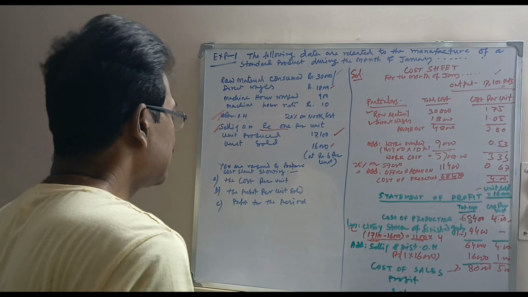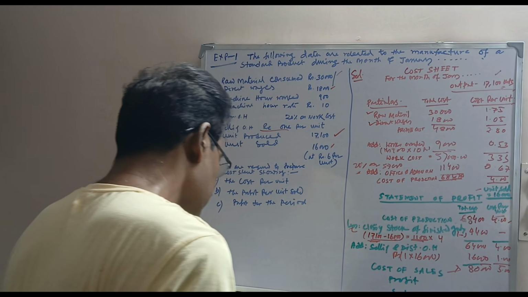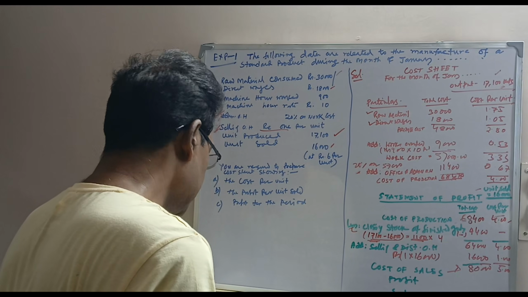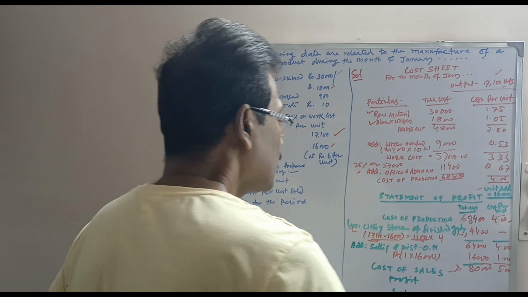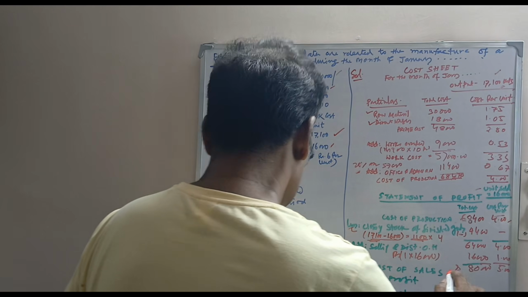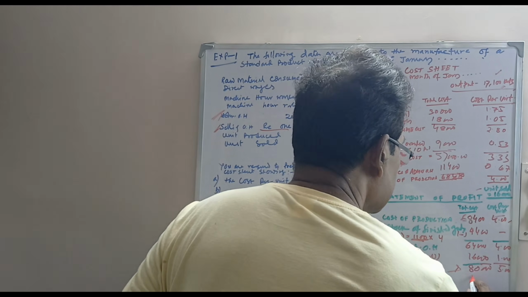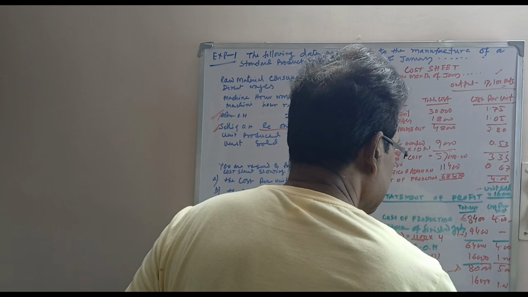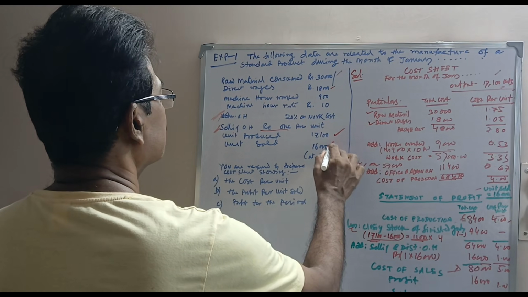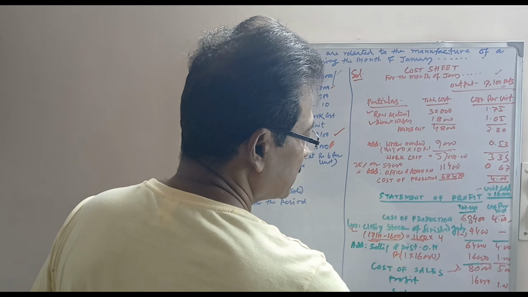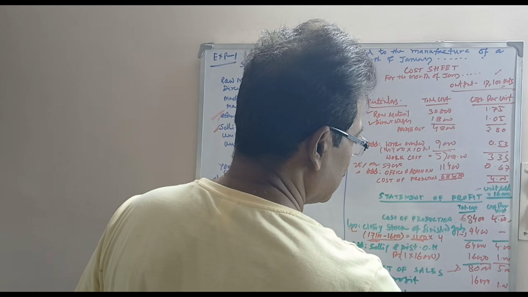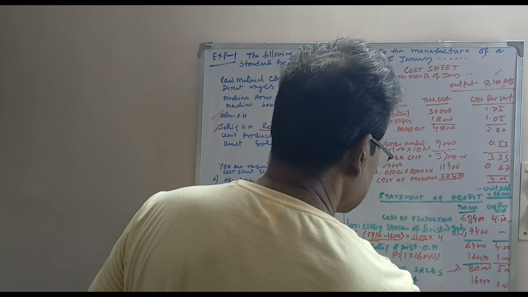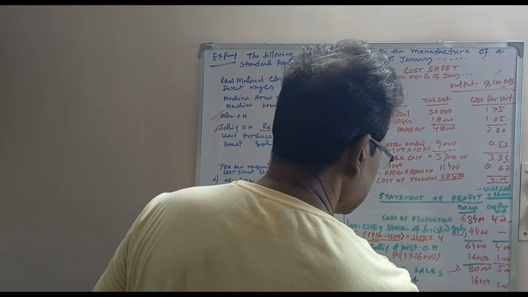Now what is your sales figure? Your sales is 16,000 units at the rate of 6, as given. So sales is 16,000 into 6, that is 96,000.